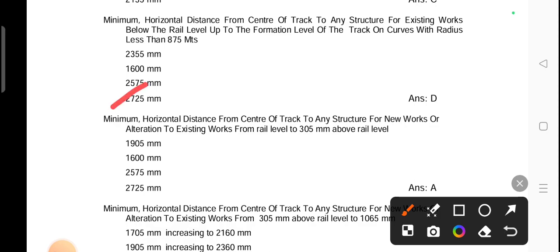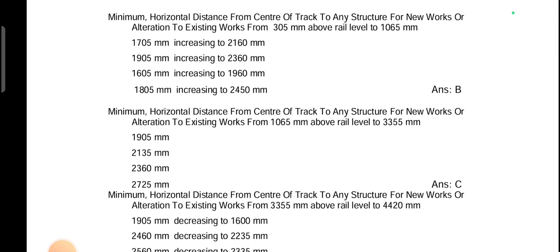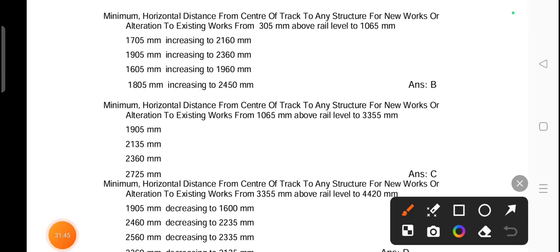Minimum horizontal distance from center of track to any structure for new works or alteration to existing works from rail level to 305 mm above the rail level: 1905 mm. From 305 mm above rail level to 1065 mm: 1905 mm increasing to 2360 mm.